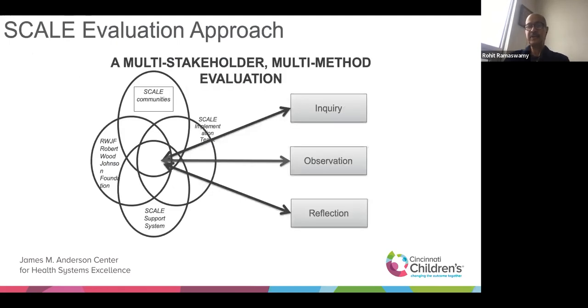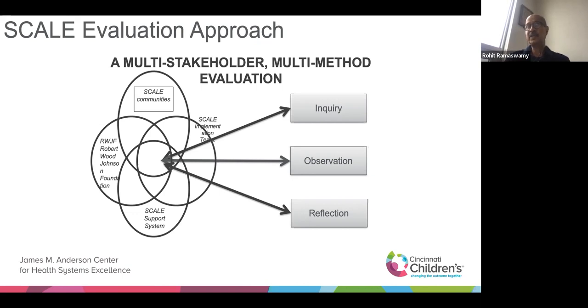To address these questions, we put together what we considered at that point to be an innovative evaluation approach, a multi-stakeholder, multi-method evaluation approach, where we had essentially three different prongs. Our evaluation partnership involved members from the scale communities, from the support system, that was the coaching system, the training system, the implementation team, and the foundation itself and the donor.